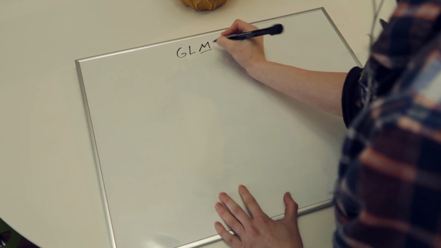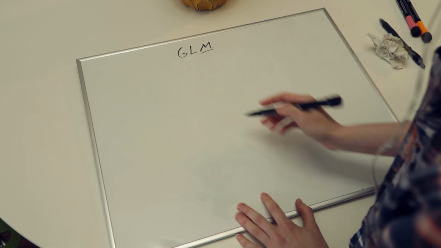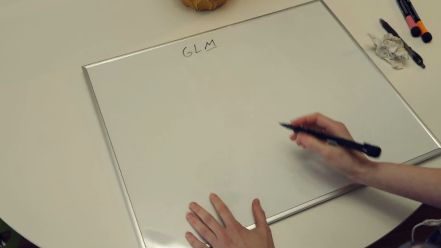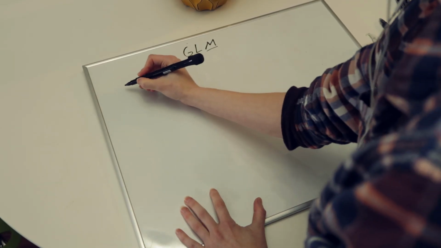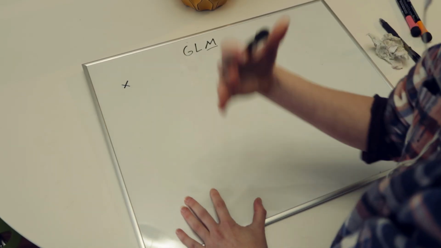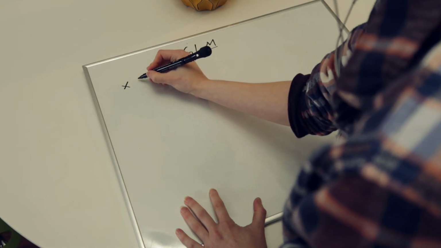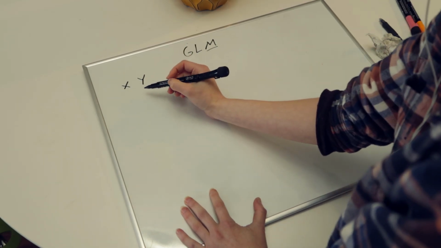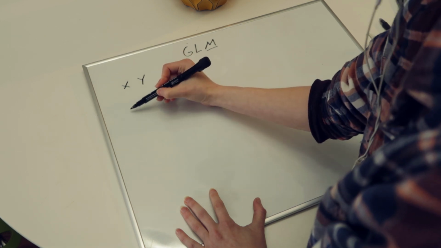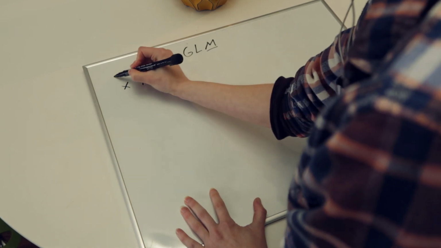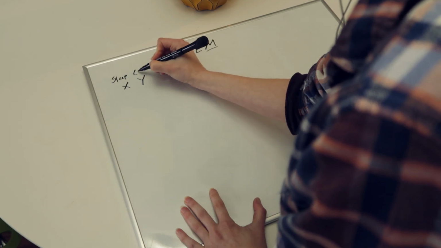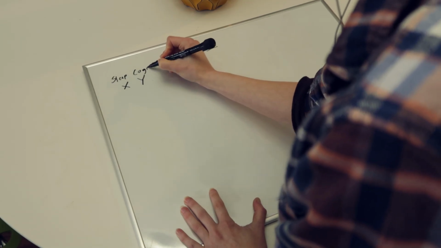That's the model part. So what is the linear part? The linear part means that there is a linear association between variables, meaning a literal line that we can look at. So if we have an X variable and a Y variable, say this is hours of sleep, so we could say sleep and cognition.